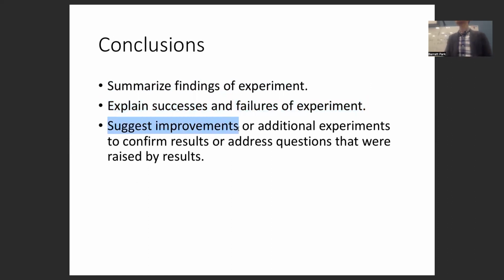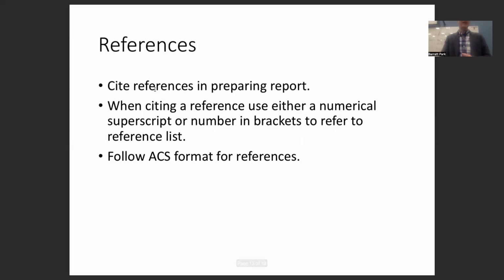What could you have done differently? What's a follow-up measurement that you could do in order to verify your guess as to why the experiment maybe didn't agree with the literature, and so forth. Okay, and then the references should follow the ACS format.